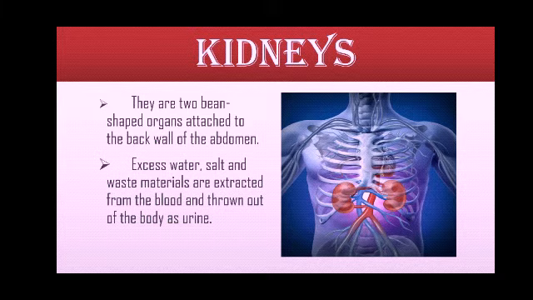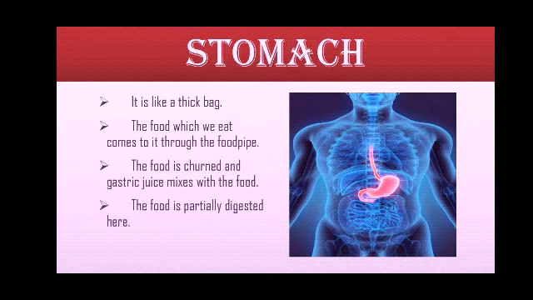So this was it about kidneys. And now stepping to the next topic, that is our stomach. So stomach. Everyone knows that the stomach is the main food storage tank of the body.